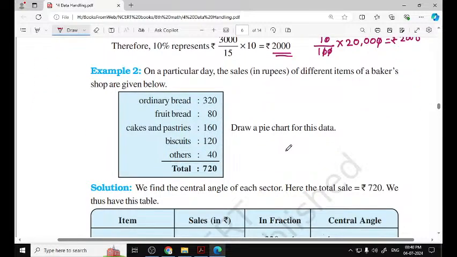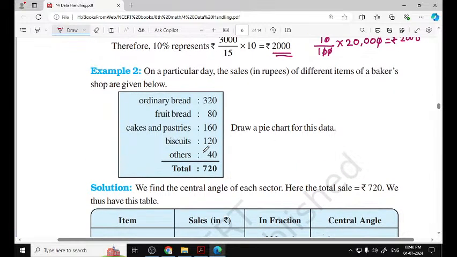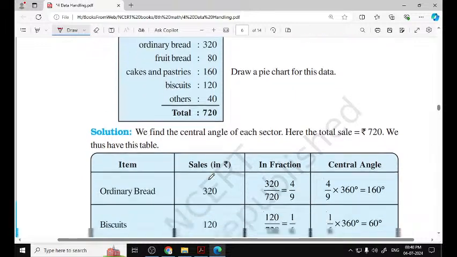On a particular day, the sales of different items of baker's shop are given below. Draw the pie chart for this data. Now this is the sales. Total sales is 720. That is 320 plus 80 plus 160 plus 120 plus 40. It's 720.